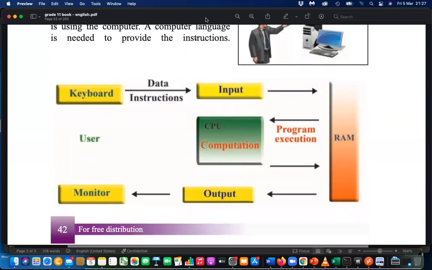We learned this in grade 10. When you input data or instructions, input devices capture that and it goes to the main memory. Main memory sends it to the CPU. CPU will calculate and send it back to the main memory. Then main memory delivers this to output and then to the monitor. So that is the process.